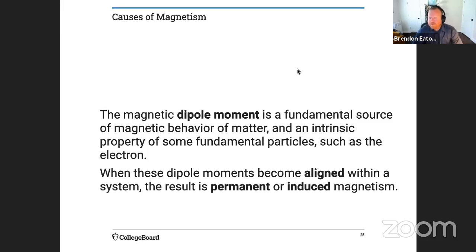And when dipole moments become aligned within a system, let's say you've got a clump of matter that has lots of little electrons around every single atom inside of that material, when those dipole moments are aligned, what you get is either a permanent or an induced magnetism within that material. And what that means is you can make something become magnetic, or it could already be magnetic because of the material itself.